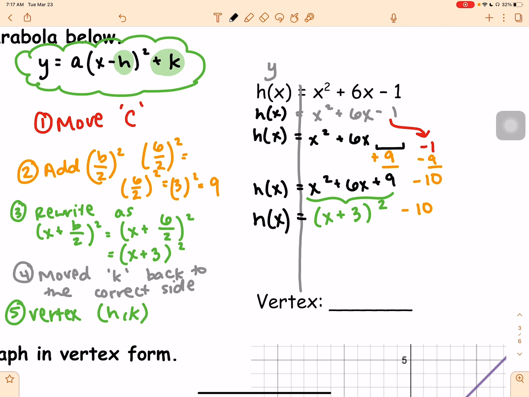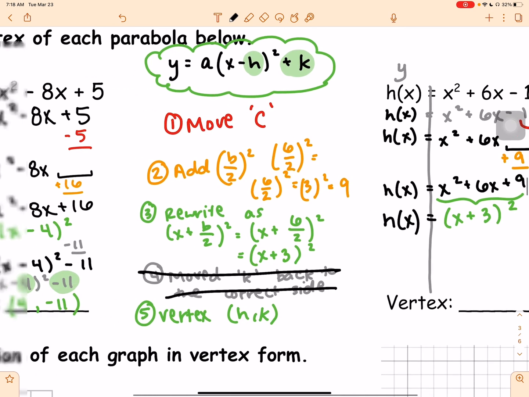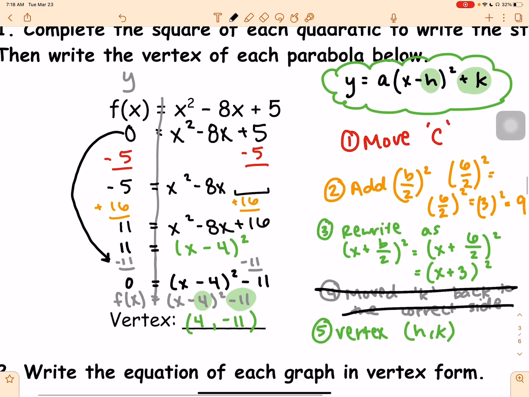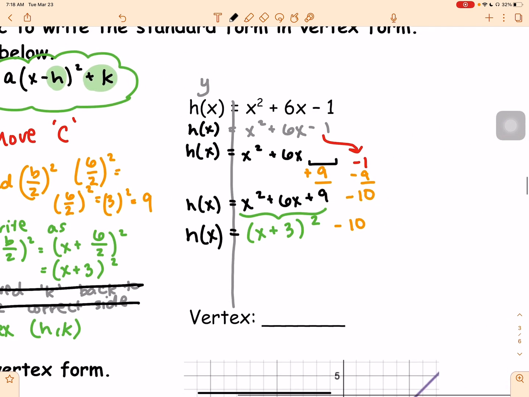Okay, so now this says move k back to the correct side. We don't have to do that. We already kept k right here. We're good. We're all done. This is it. So this way is a little bit faster. You don't have to move as many terms, but the way we did it over here would probably make more sense to you, just because we have done it this way. But you see that there are more steps involved here than there is here.